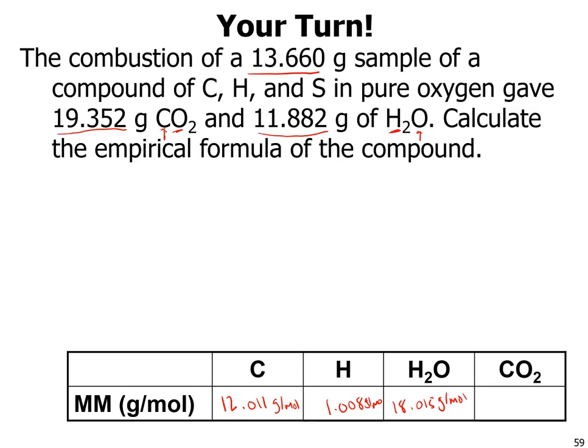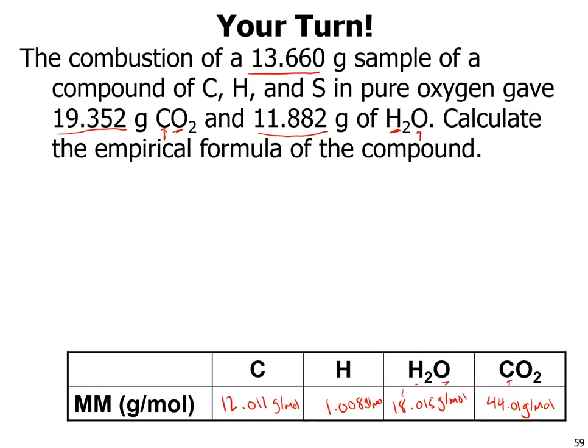Remember, we got this by adding 16 plus 2, that gives us approximately 18. And then we have the 12.011 that we would see over here. And then we're going to add the 16 times 2, which would be 32, to get our 44.01 grams per mole. Remember, we just add up the atomic masses of all the atoms within that compound. So these are the molecular and atomic masses for these compounds.